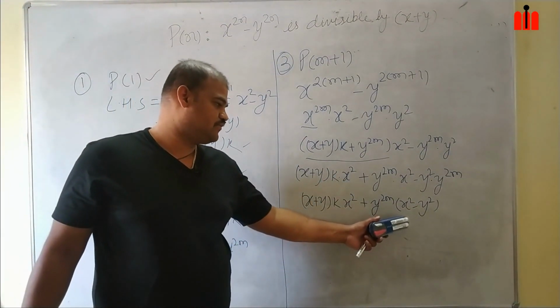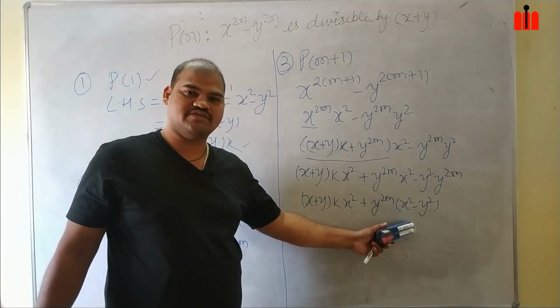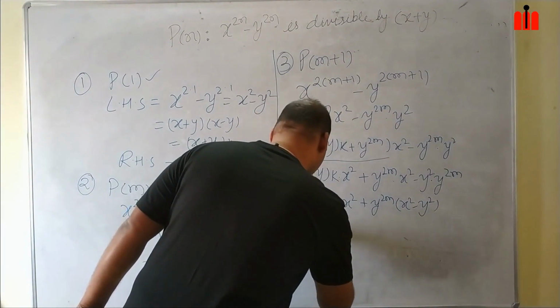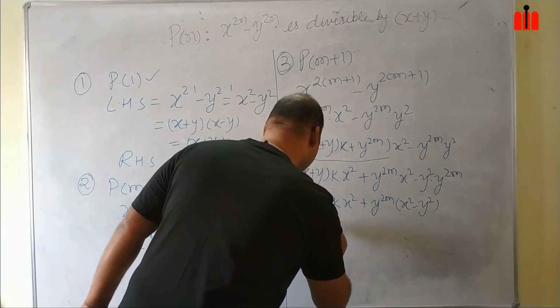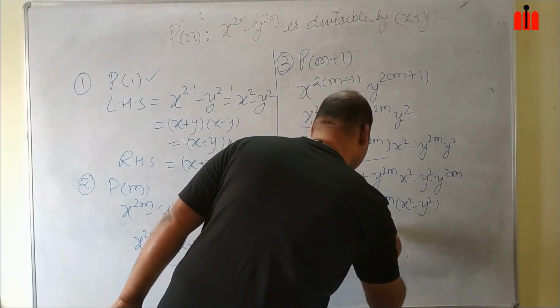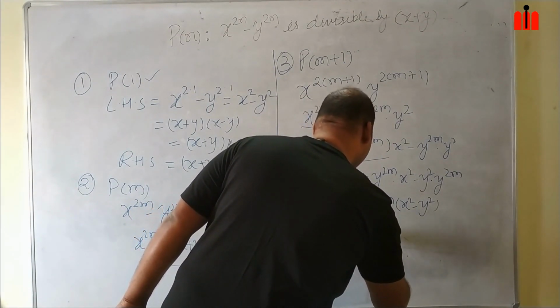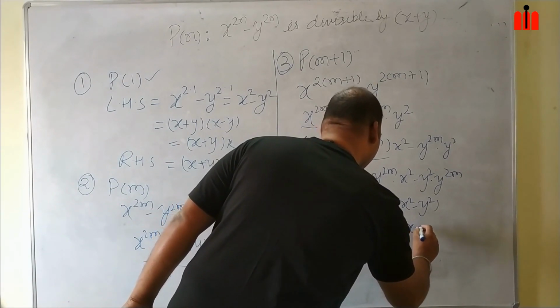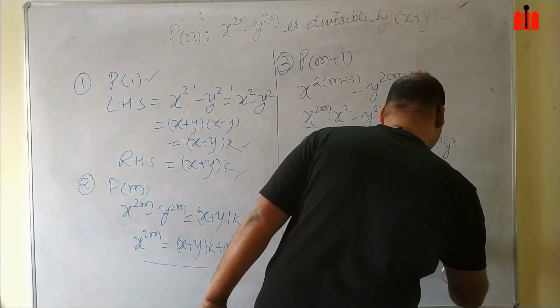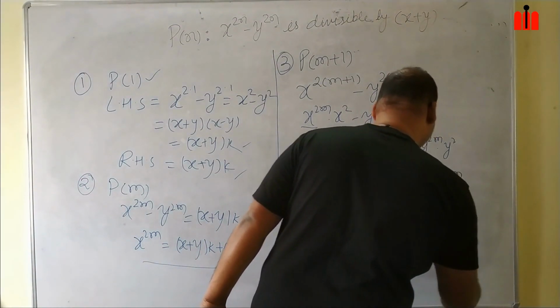Now I will split this x square minus y square as x plus y, x minus y. Then it will be x plus y k into x square plus x plus y, x minus y, into y to the power of 2m.